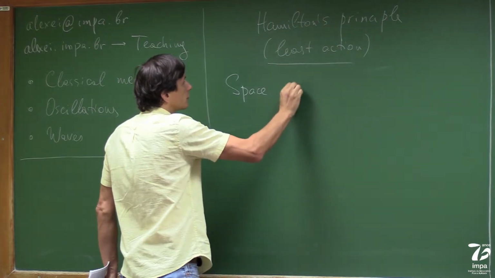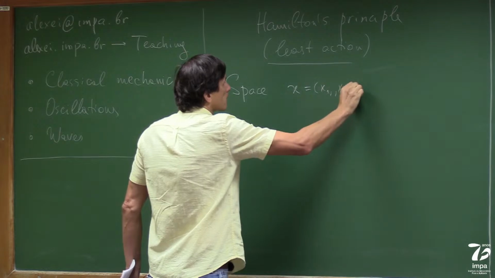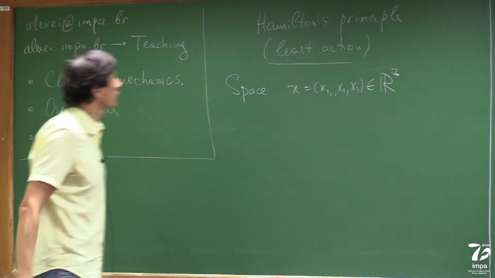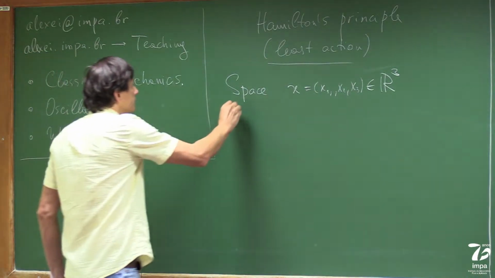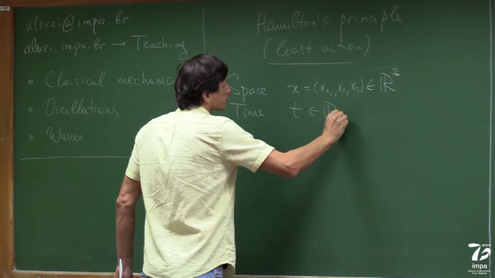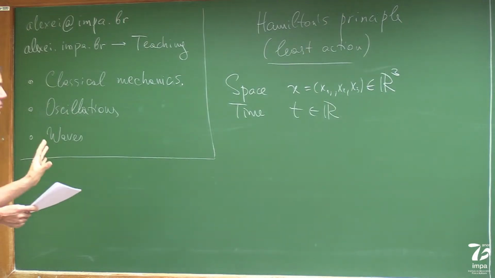It's given by points with 3 coordinates, which is points in 3-dimensional space. So we have 3-dimensional space and we have time, which is real. Then the systems that we will consider are systems of material points.